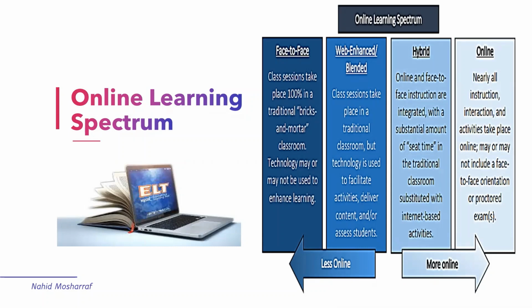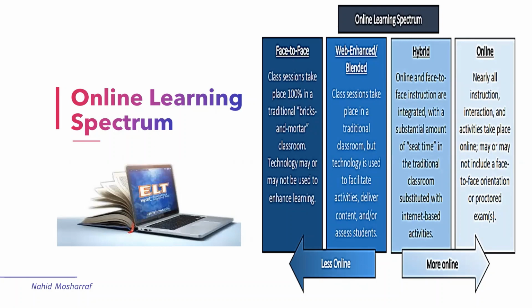So in this system, for example, if we are having 50 students in the class, 25 students should be present in the class physically, and 50% should be taking class online. So this is the way of the hybrid model.